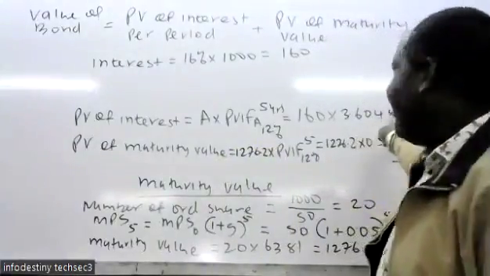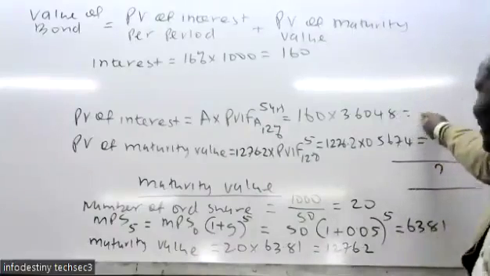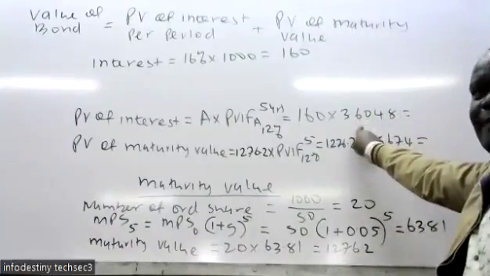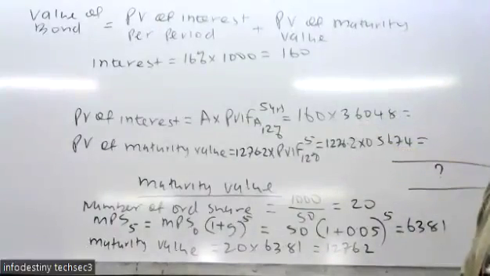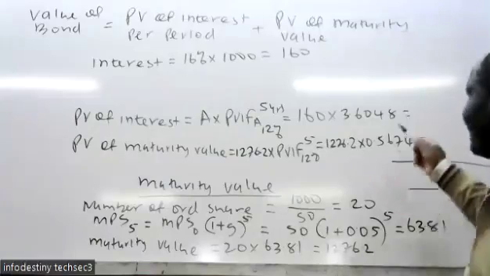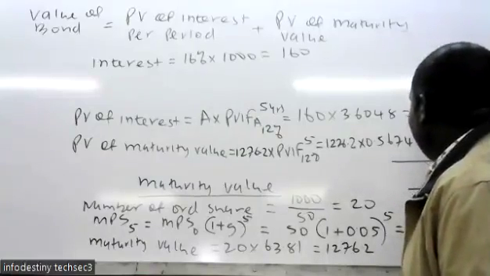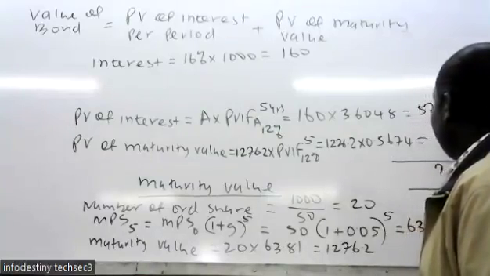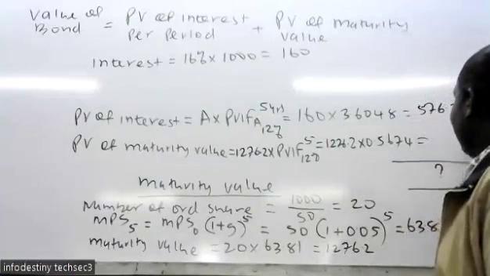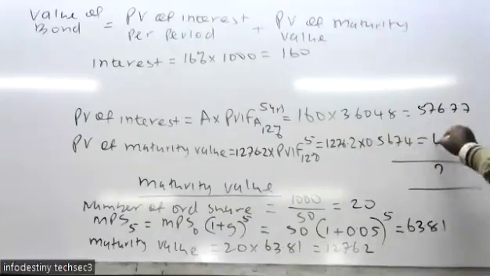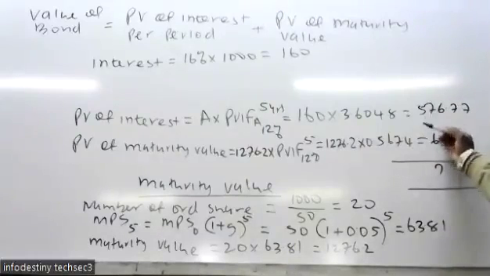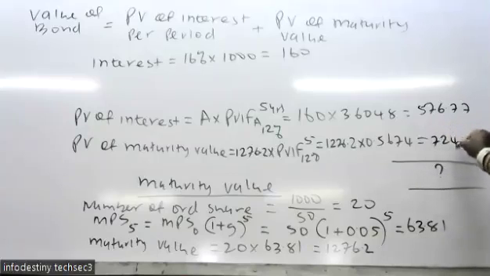In one week, 60 multiplied by this gives you 7,5,576.7. 9 multiplied by 9, 680.7. It is 724.